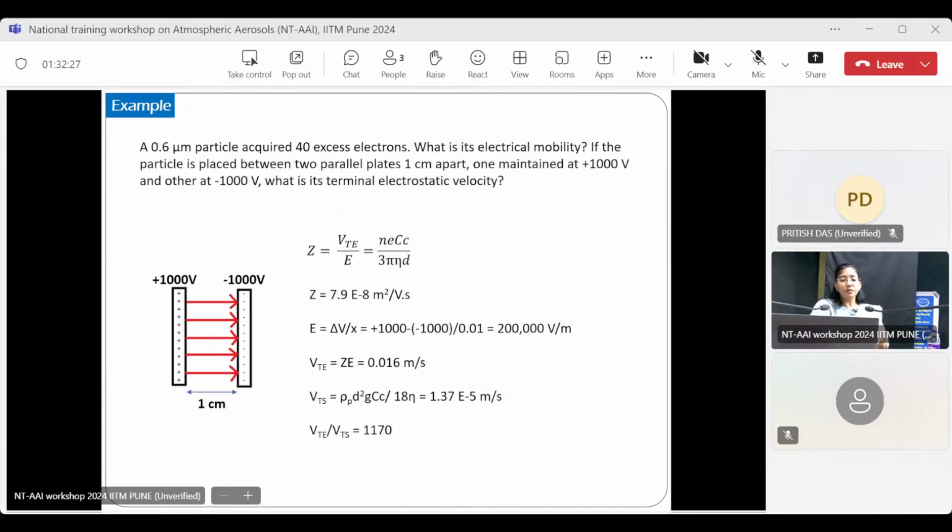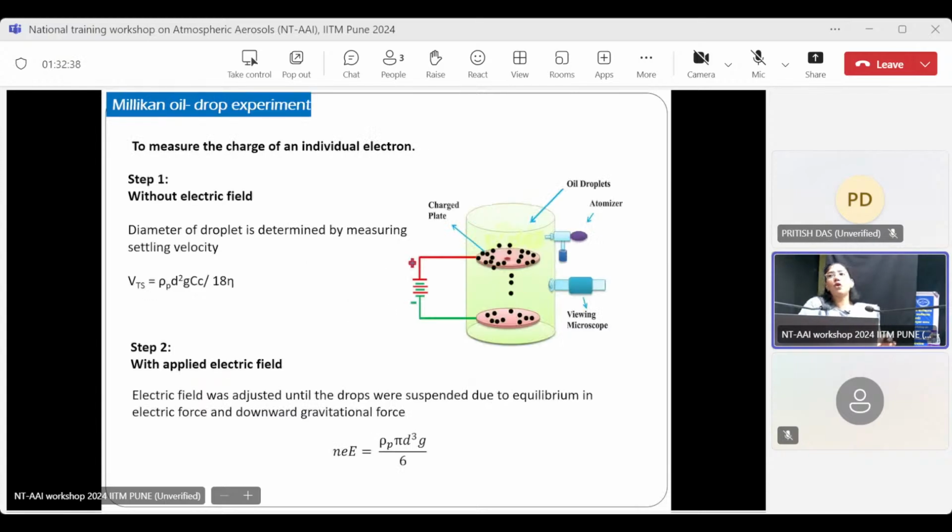Okay. So these concepts have been utilized in the past by many researchers to solve different problems. One example of this is the Millikan oil drop experiment. Using a similar principle to what we just discussed, they tried to determine the charge of an individual electron.